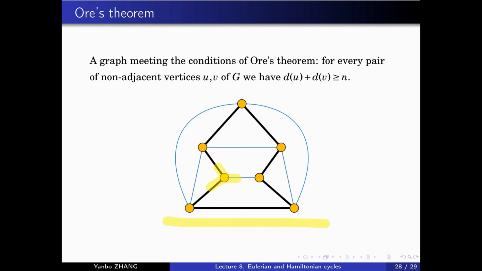But it meets the condition of Ore's theorem. For every pair of non-adjacent vertices u, v of G, we have du plus dv greater than or equal to n. So it contains a Hamilton cycle.